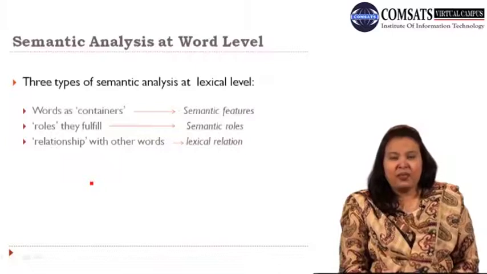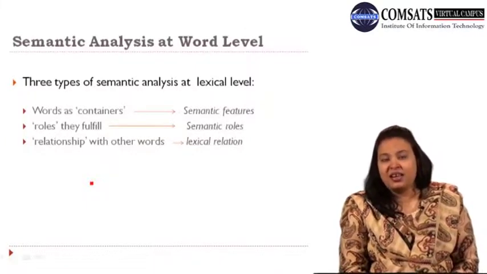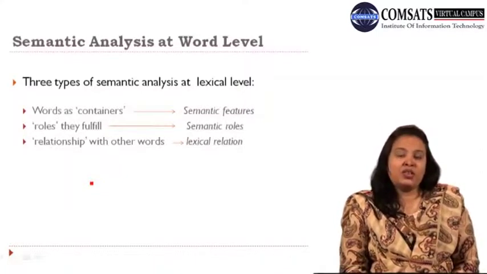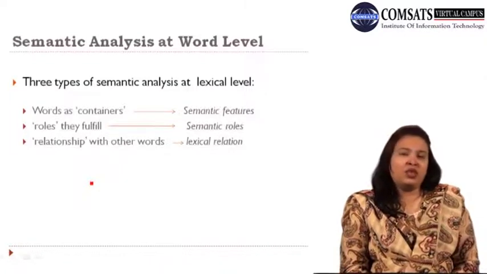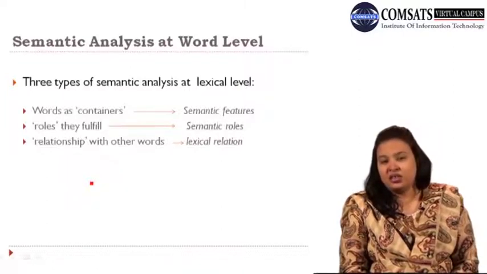In semantic features, we treat words as containers of meanings. When we take words as containers of certain connotative, denotative, or thematic meaning, we categorize words according to semantic features.